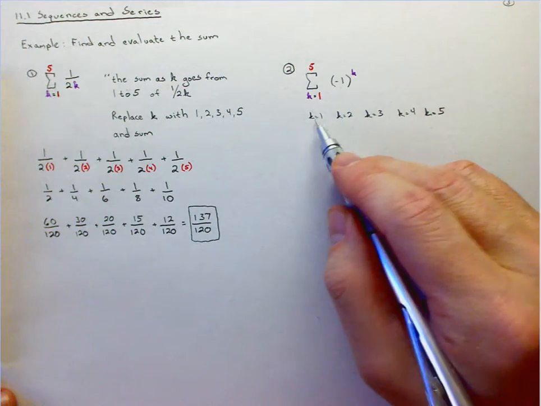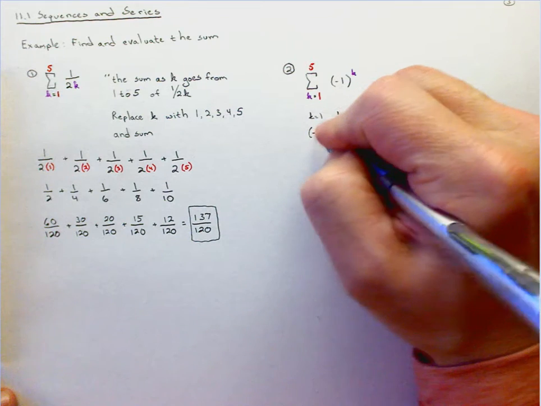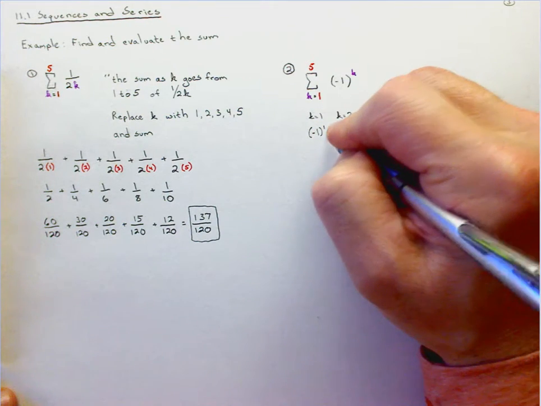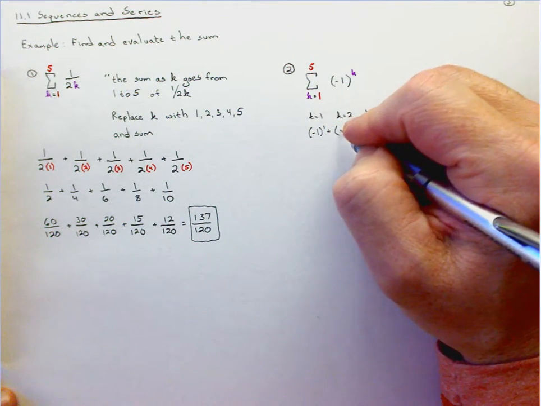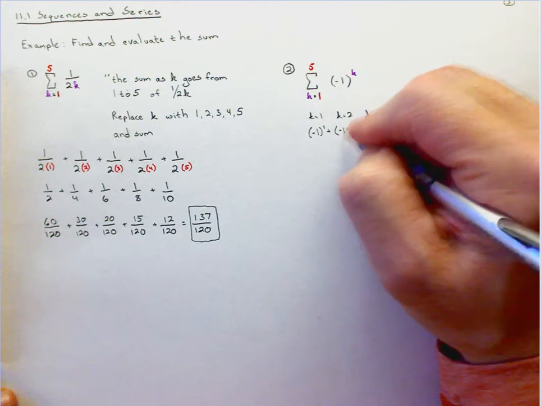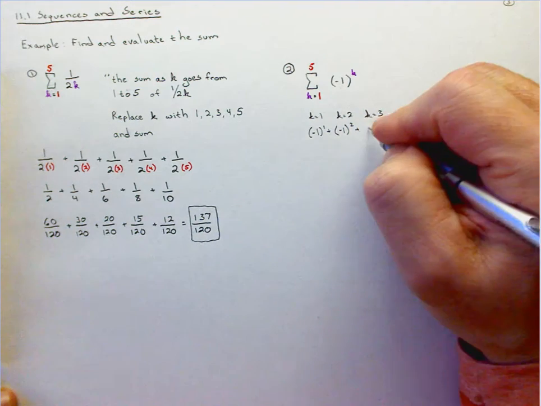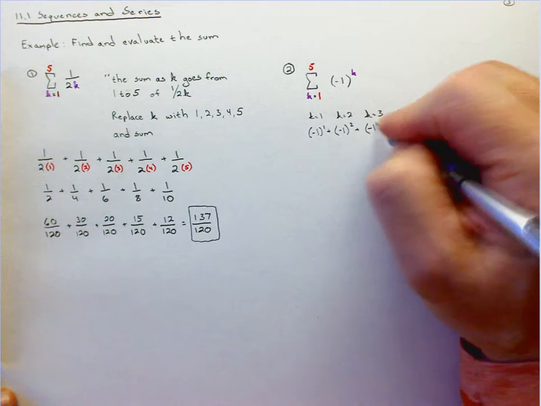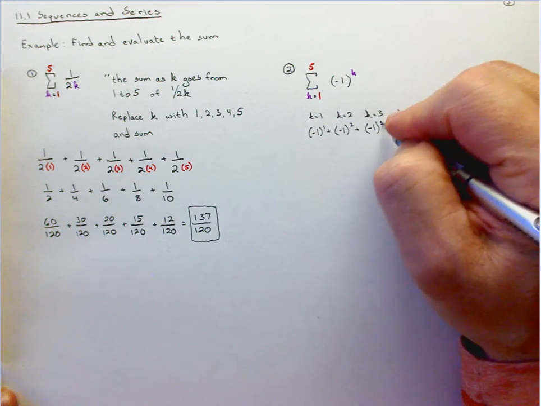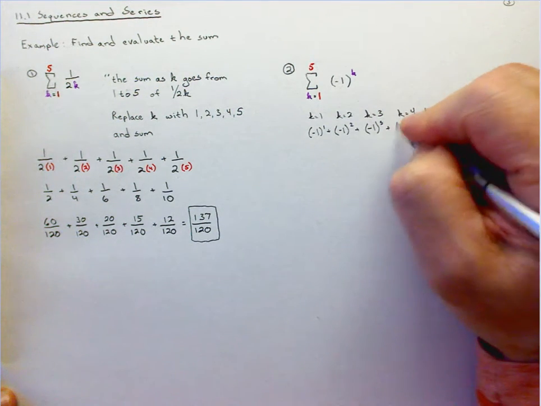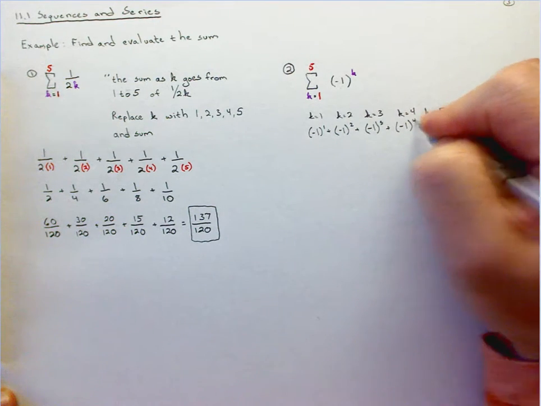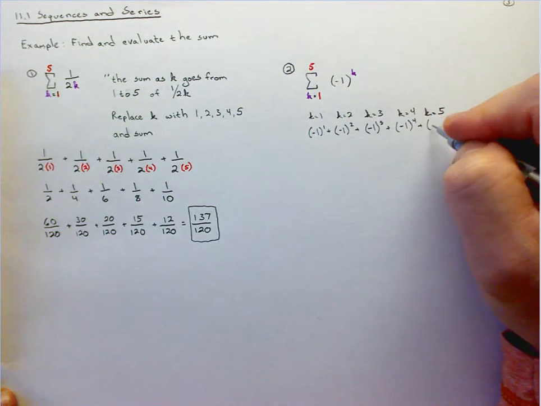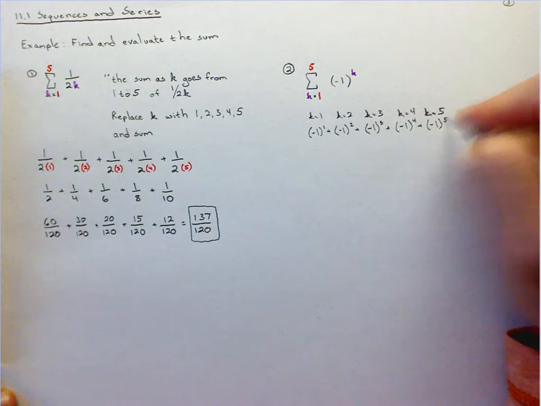Whenever k is 1, that's a negative 1 to the first power, plus whenever k equals 2, a negative 1 squared, plus a negative 1 to the third, when k equals 3, plus a negative 1 to the fourth, plus a negative 1 to the fifth.